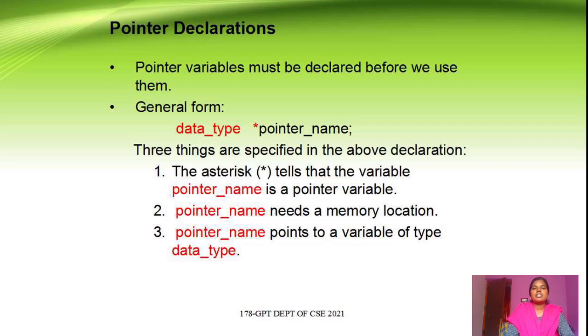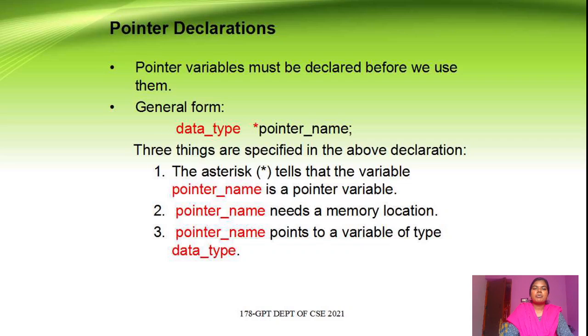Next we shall learn about pointer declarations. Any variable must be declared in the program before using it. The general form for pointer declaration is data type, space, star, pointer name. Here the star, that means asterisk, tells that the variable pointer name is a pointer variable.